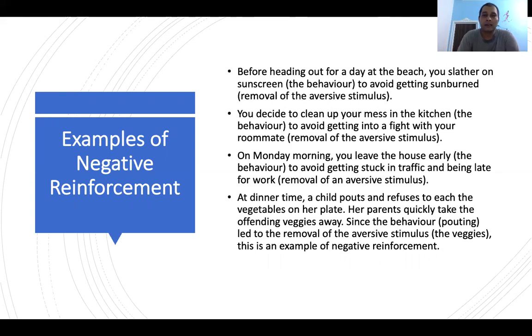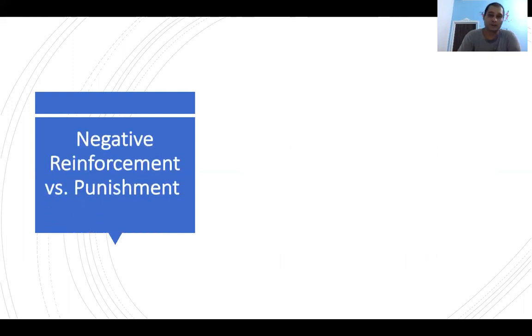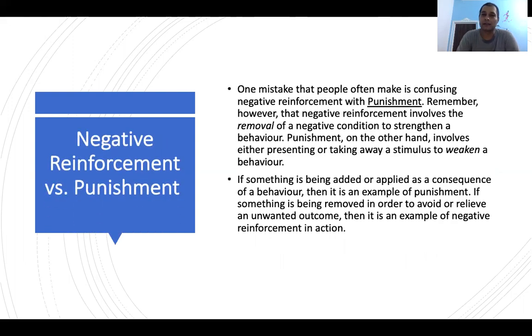But people are mostly confused between negative reinforcement and punishment. So let's discuss the difference. One mistake that people often make is confusing negative reinforcement with punishment. Remember, however, that negative reinforcement involves the removal of a negative condition to strengthen a behavior.